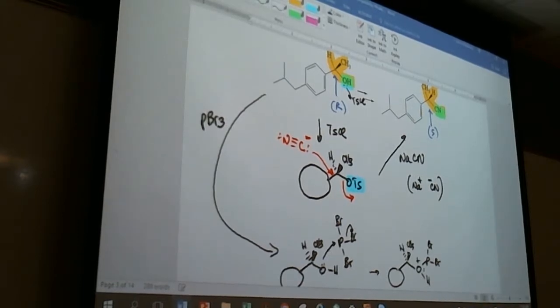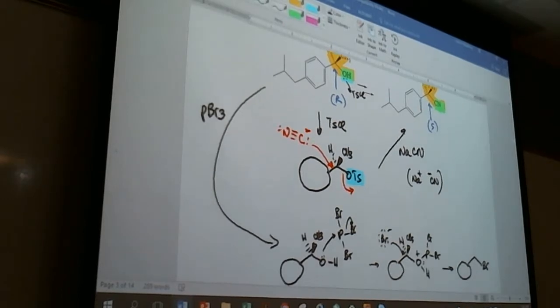And then this same bromide ion now comes from the back and attacks and gives me a bromide here. But what type of reaction is this attacking from the back in one step? SN2. And of course, an SN2 reaction results in an inversion of configuration.